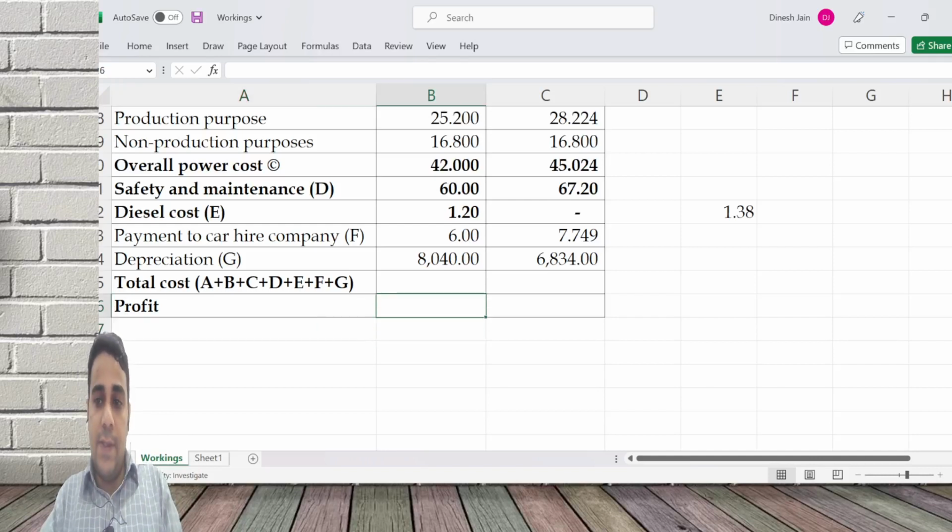Add all the expenses and get the profit figure. You do the calculation. I'll also get a minute's rest in that.